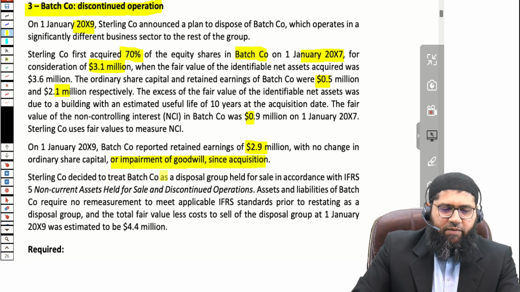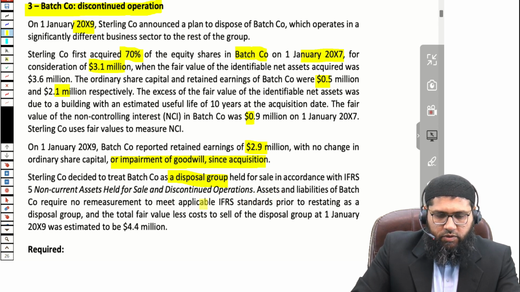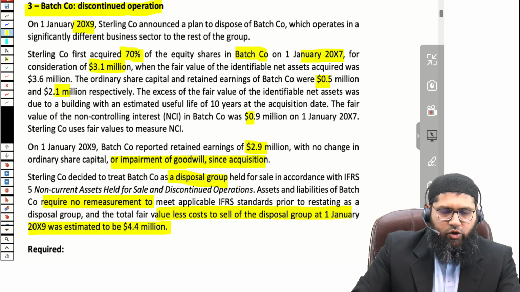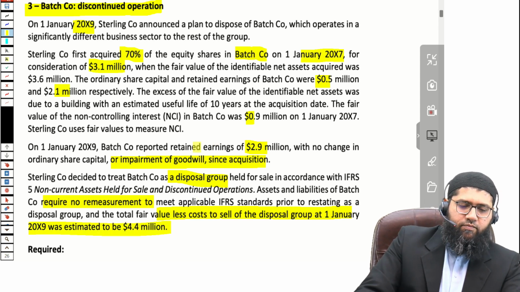Sterling decided to treat batch company as a disposal group held for sale in accordance with IFRS 5. So and so. Batch company requires no remeasurement to applicable IFRS prior to restating as a disposal. The total fair value less cost to sell of the disposal group was estimated to be 4.4 million.